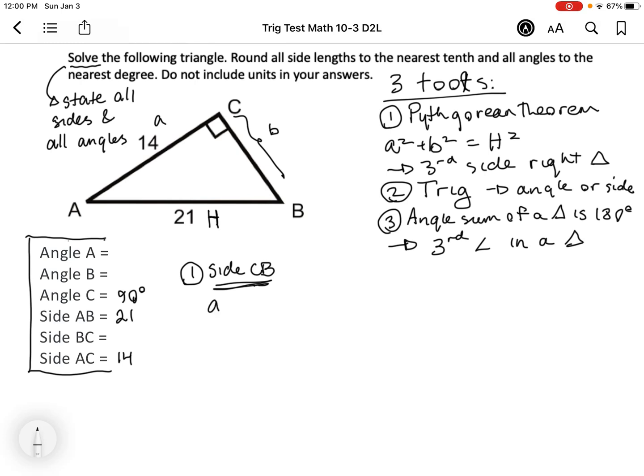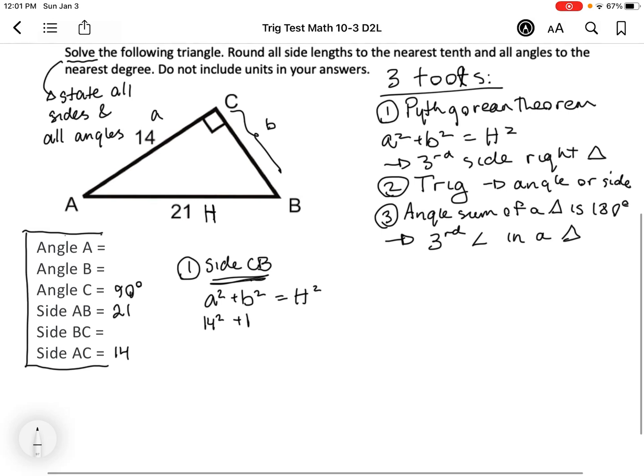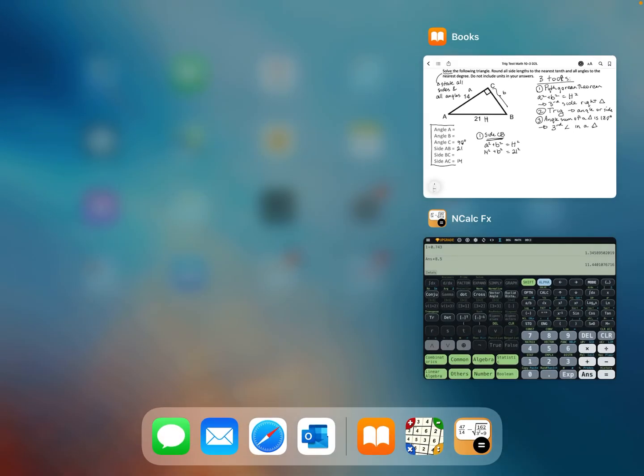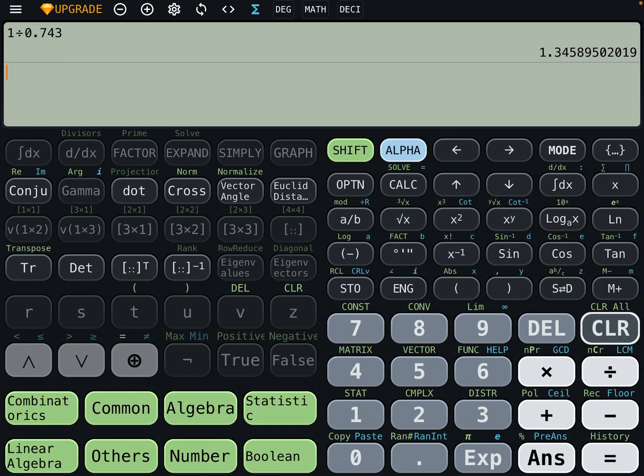Okay, so how do I do that? I'm going to use Pythagoras. So a squared plus b squared equals h squared. And then I'm going to fill in what I know. So what do I know? I know that a is 14, so 14 squared plus b I don't know, so I'm just going to write b squared equals h is 21, 21 squared. Okay, well, where can I go from here? Well, I can write out, well, what's 14 squared? It's 14 times 14, so I'm going to go back to my calculator.